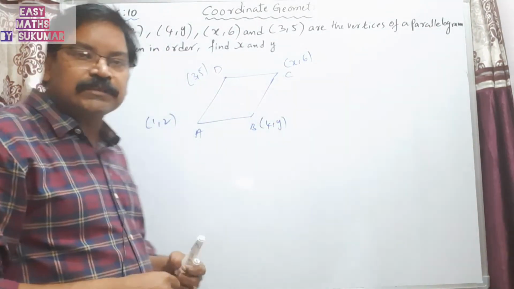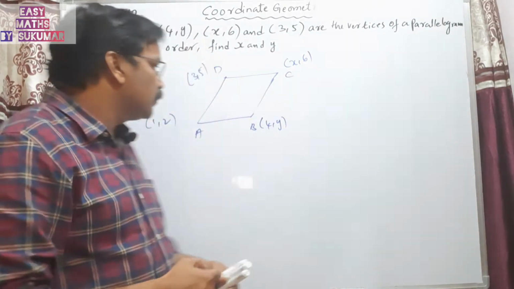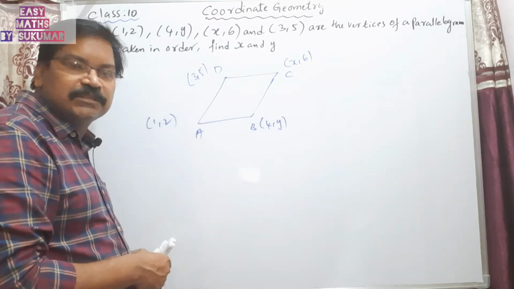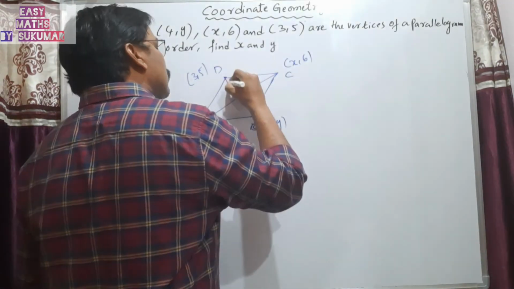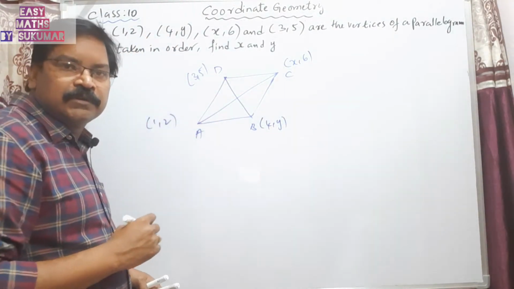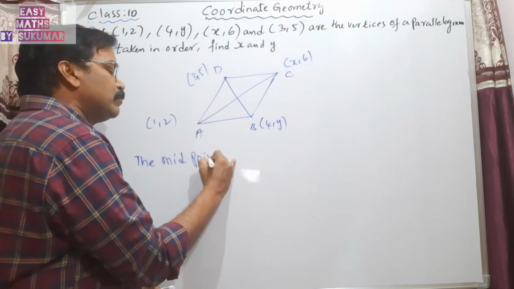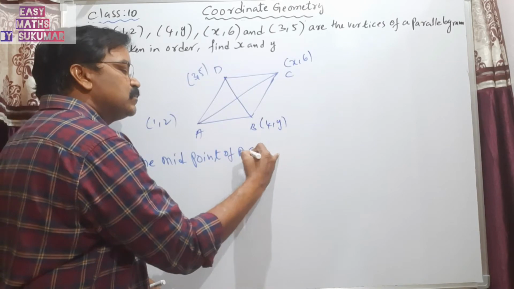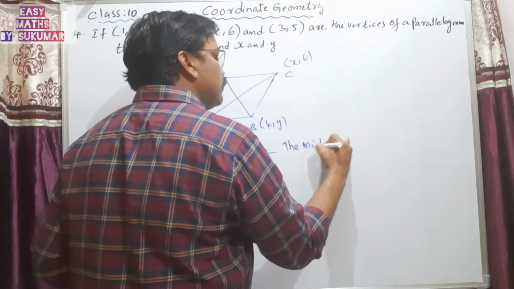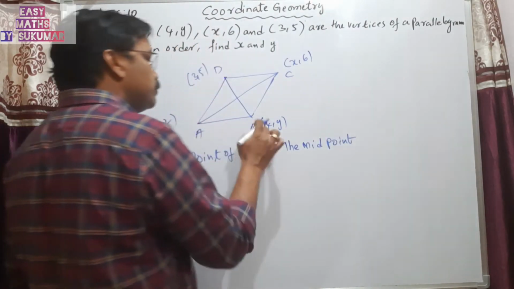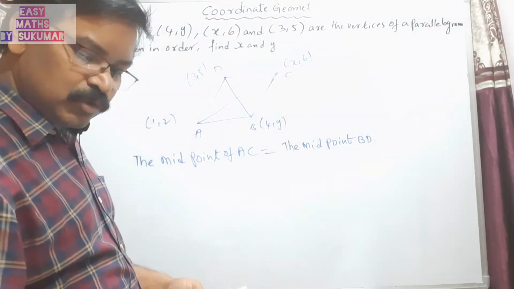See, my dear students, if you recall the properties of a parallelogram, the diagonals bisect each other. That means AC and BD are the diagonals. Diagonals bisect each other, meaning the midpoint of AC should be equal to the midpoint of BD. AC and BD are the two diagonals of this parallelogram ABCD.